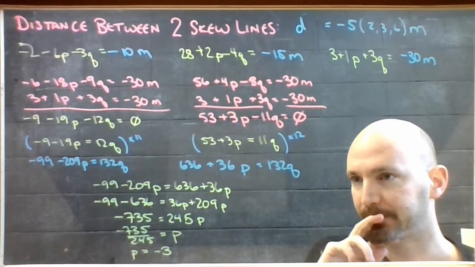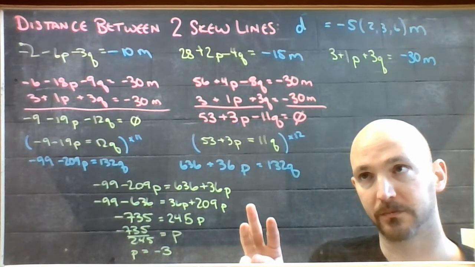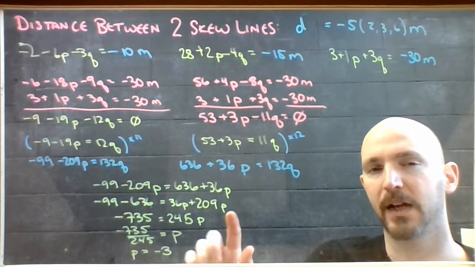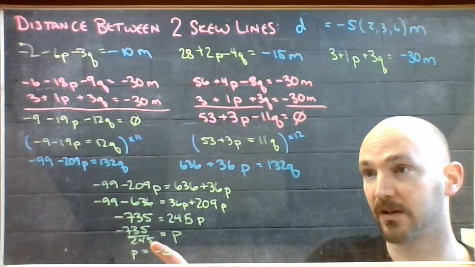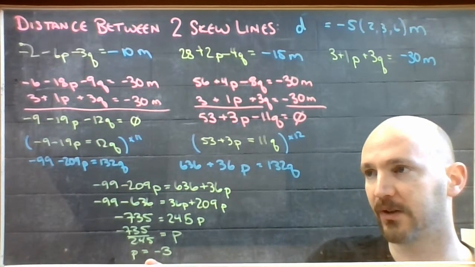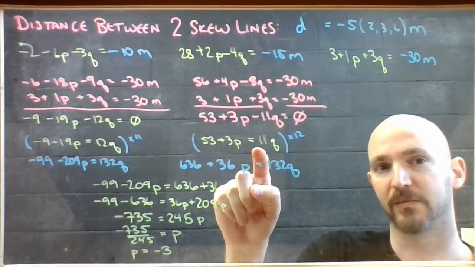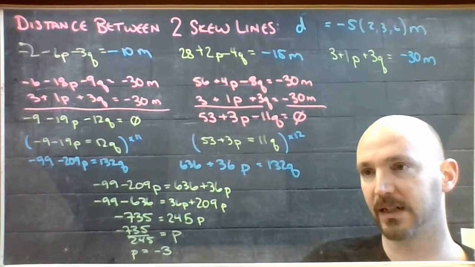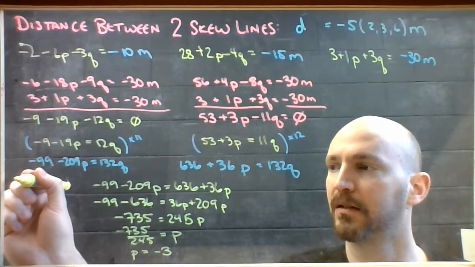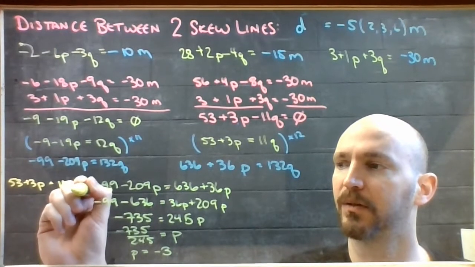So now what? Well, I have p, I need q, and I need m. Fortunately, now that I've done all this mess, all I have to do is find an equation that has just a p and a q in it, and I can substitute this value and calculate from there. I'm going to go with this one, just because it looks pretty tidy. So 53 plus 3p is going to give me 11 Qs.